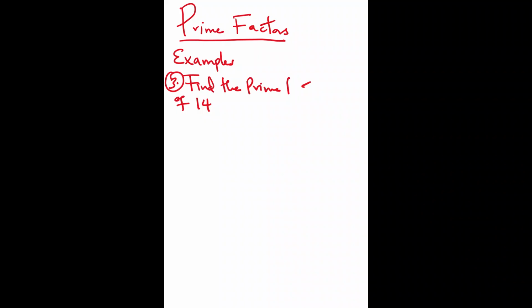So number 3 is we find the prime factors of 30. Okay, so let's divide by 2 again. So 30 divided by 2 will give us 15, remainder 0. 2 cannot divide 15, so we have to move up to 3. 15 divided by 3 will be 5, remainder 0.